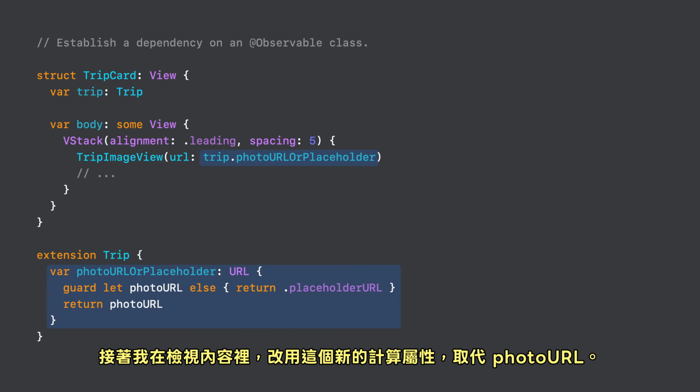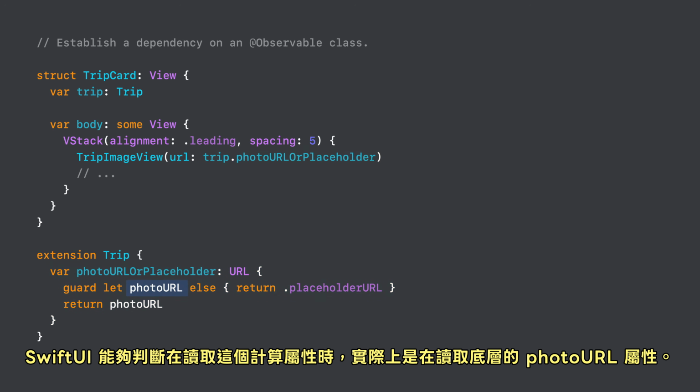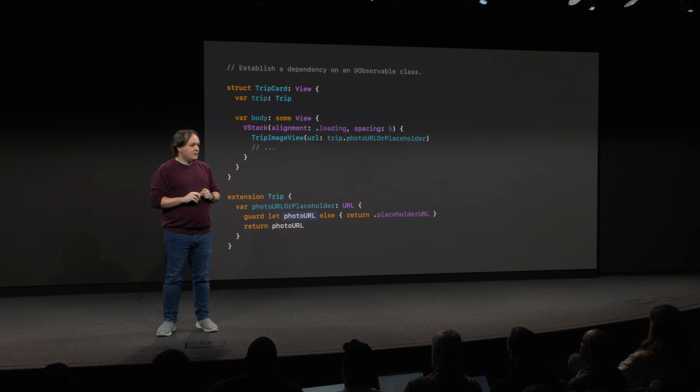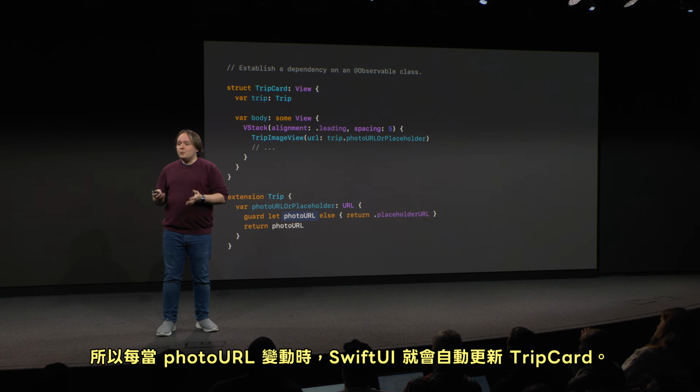And then I use that new computed property in the view body instead of the photo URL. SwiftUI is able to determine that the underlying property, photo URL, is read in this view body when the computed property is accessed. So SwiftUI will update trip card anytime the underlying photo URL is changed.